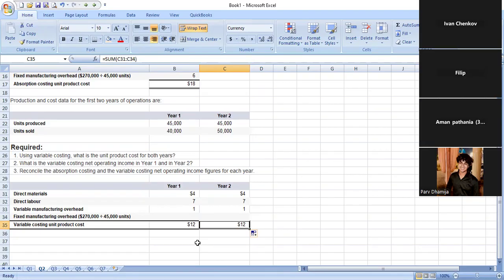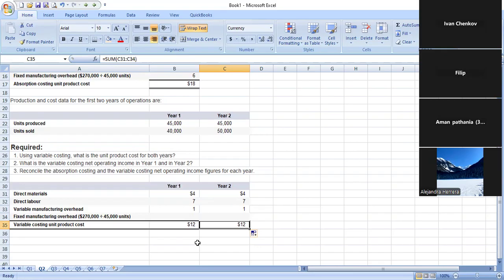Is there any change in the variable costing from year to year on the product cost? No. Why? Because the variable cost always stays the same. If there's a change, that change is going to come only and only in absorption, and only if the units produced change. If the fixed cost is the same and the production doesn't change, then the fixed component of the manufacturing overhead is not going to change. It's going to be the same number. Make sense?